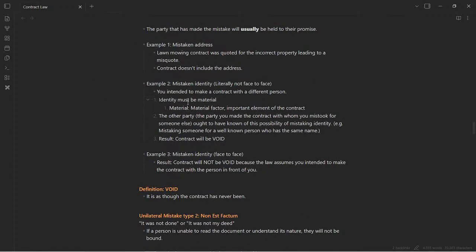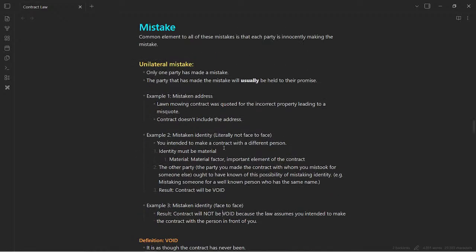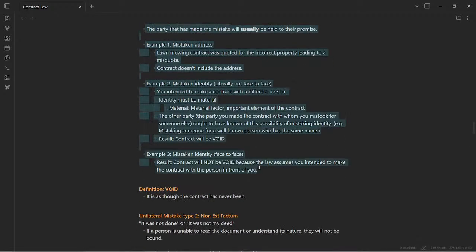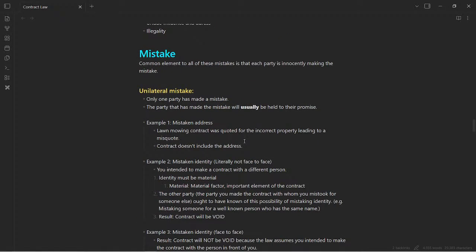But I don't need to remember these distinctions of mistaken identity, like when you're face to face, or not face to face. Because if this subject comes up, like if I read something and the core matter is a unilateral mistake, then I can just quickly reread my notes on this and then go back to whatever I was reading, right?